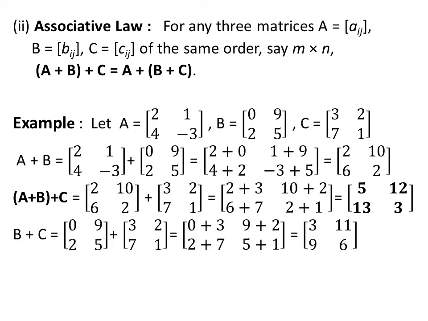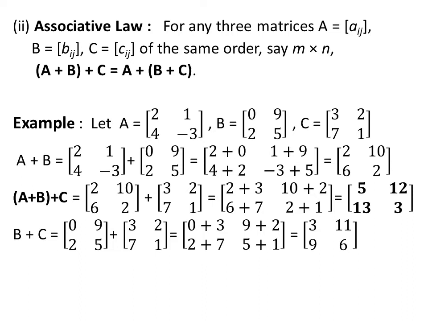For the right hand side, first we add matrices B and C. For that, add the corresponding elements of matrices B and C. We get a matrix with the elements 3 and 11 in the first row, 9 and 6 in the second row.